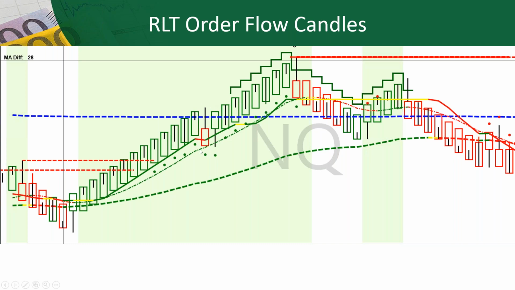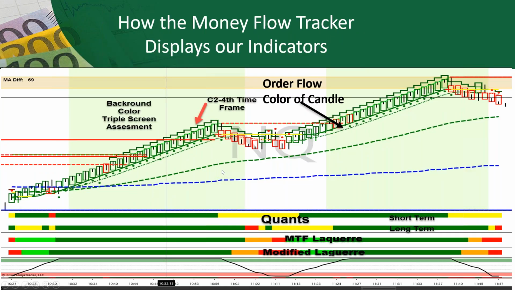And if there are more sellers than buyers, the outline of the candle will be red. Very easy to determine, very easy to see visually, and our charts are very visual, and that's why it's so easy to learn the methodology. The colored background shows us triple screen assessment, and then all our indicators are these colored lines on the bottom.